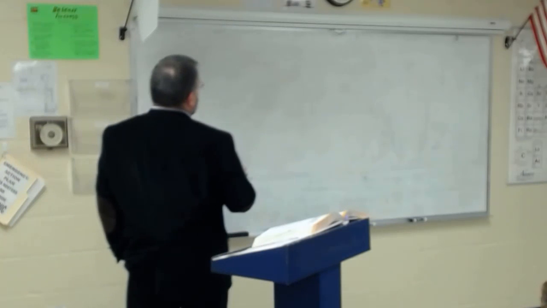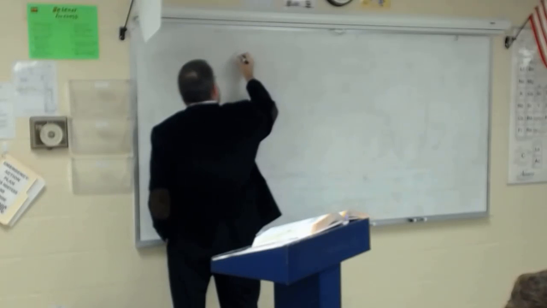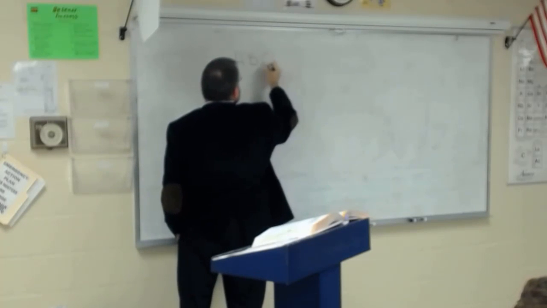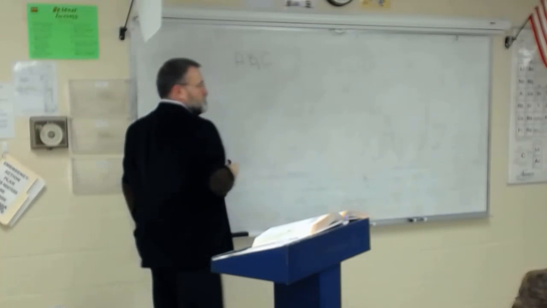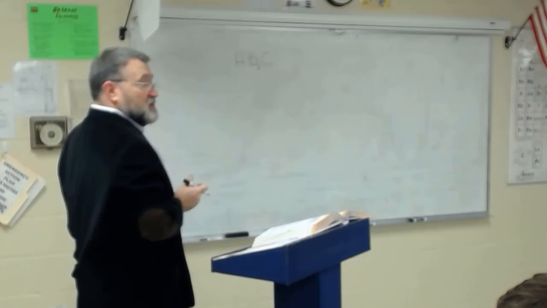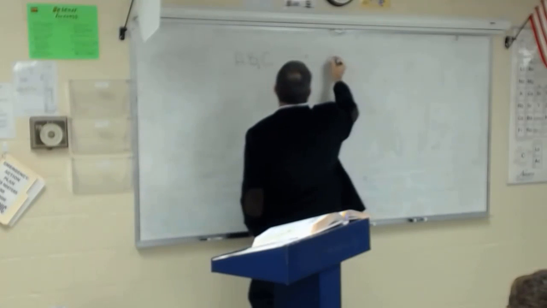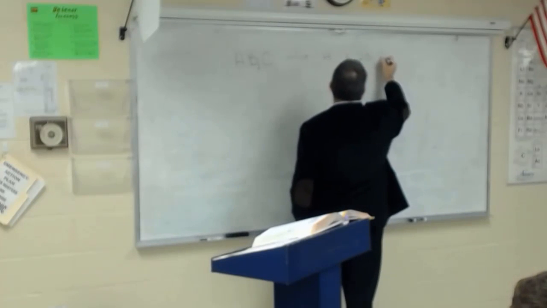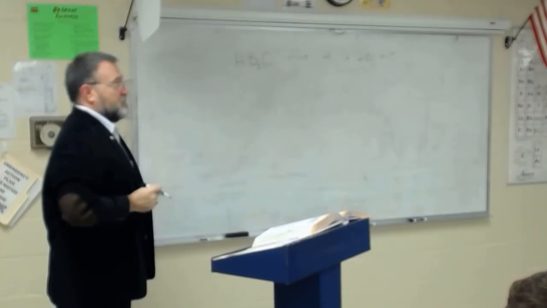For example, and you know my paradigm here, each one of these letters just represents a different element. So element A, 2 of element B, and 1 of element C produces A plus 2B plus C. That's one type of reaction we're going to talk about in a few minutes.